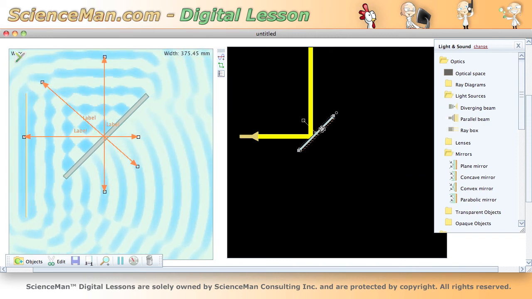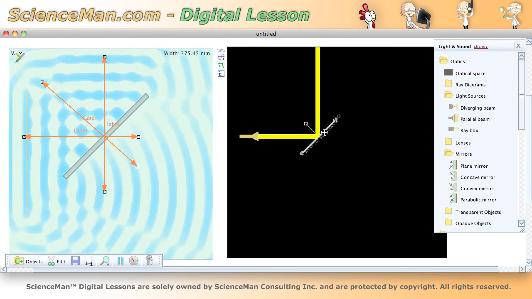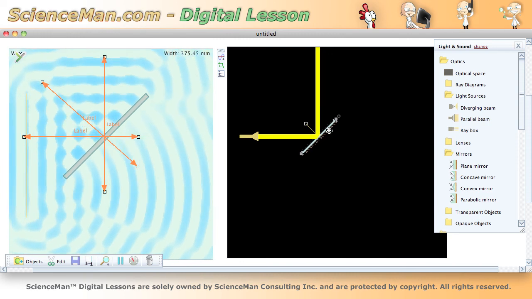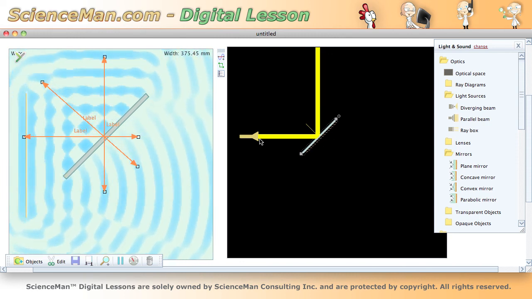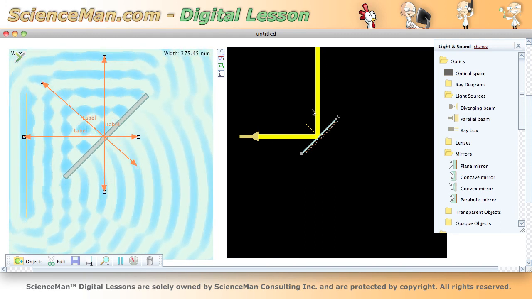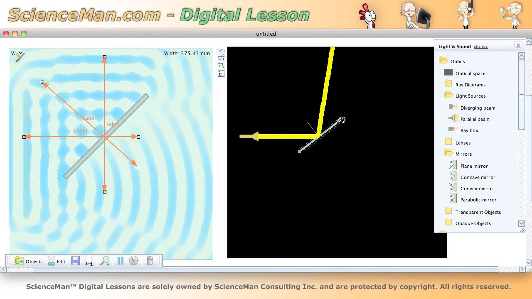So if we move this so that we've got our mirror so that the light ray is striking right at the point of where the normal line is, it seems like another confirmation of the law of reflection. And it doesn't really matter what angle we put our mirror at.